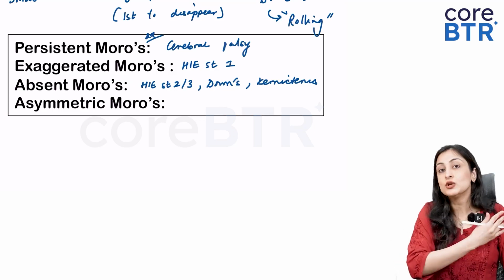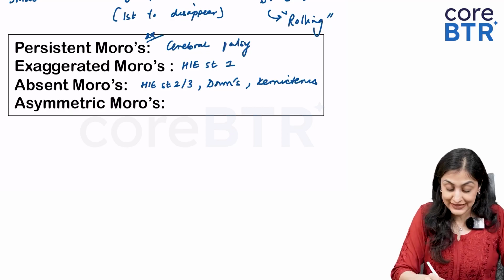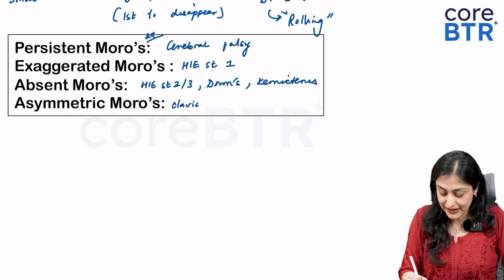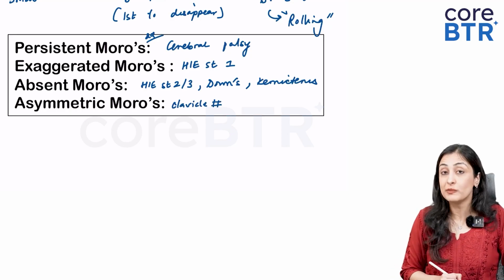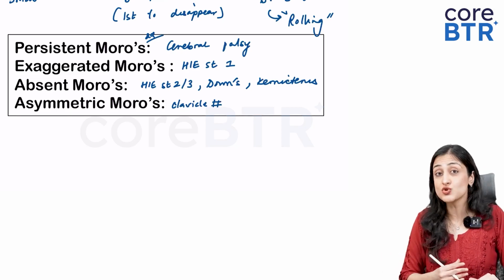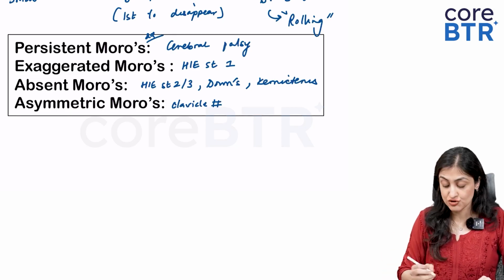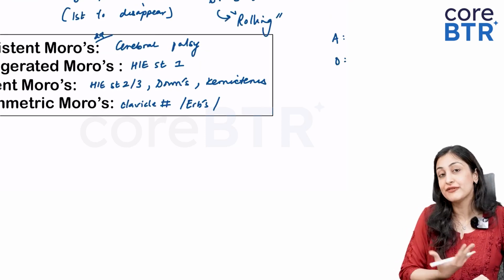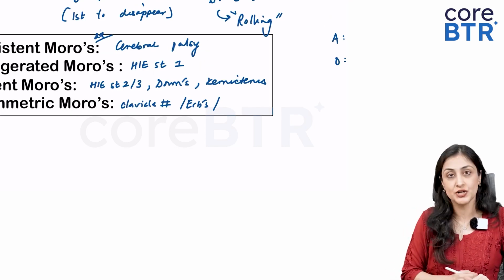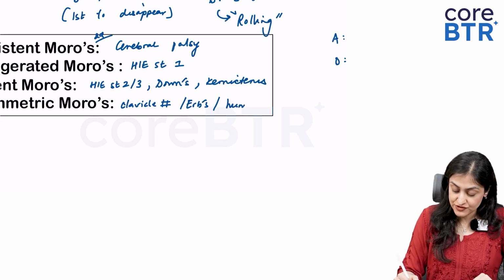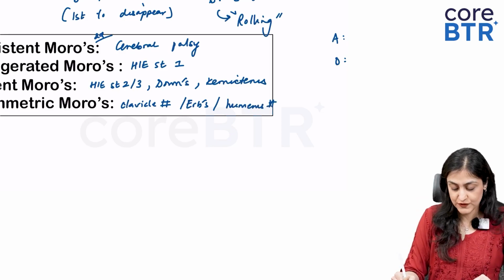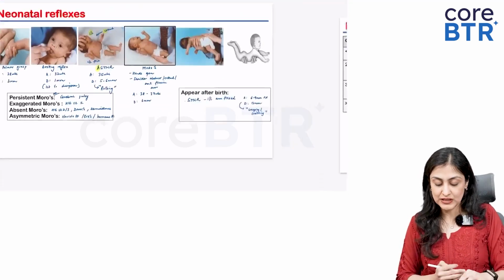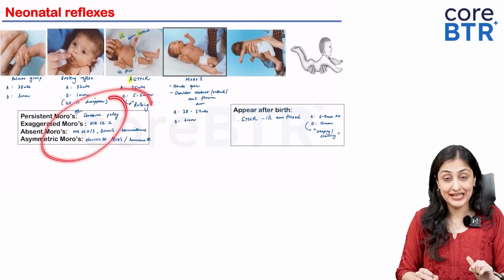Asymmetric Moro's means a local cause, right? Something like a clavicle fracture. Clavicle fracture is one of the most common fractures, not one of, it is the most common fracture because of birth injuries. Then you can have Erb's palsy, very important, where your C5, C6 roots are affected in an upper trunk injury. Humerus fracture, right? Any of the local causes is asymmetric Moro's. So these are very, very important one-liners.